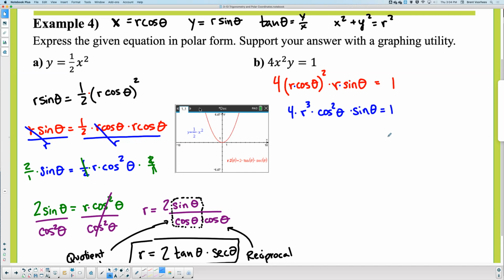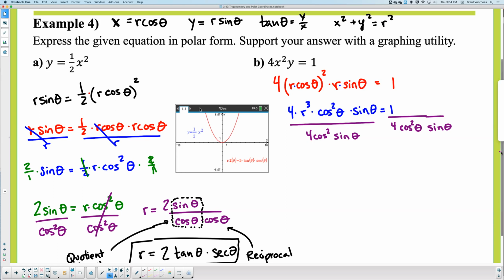Now, as you notice, that's a whole lot of stuff going on. Well, to simplify this equation, I want to get r isolated. So what I'm going to do first is I'm going to divide everything by 4 cosine squared sine theta. Divide everything here by 4 cosine squared sine theta.